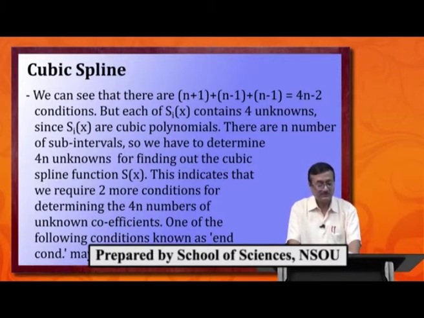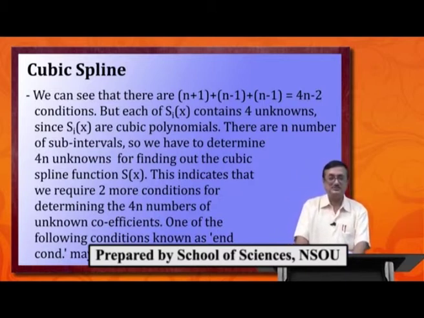This indicates that we require still 2 more conditions for determining the 4n unknown coefficients uniquely.